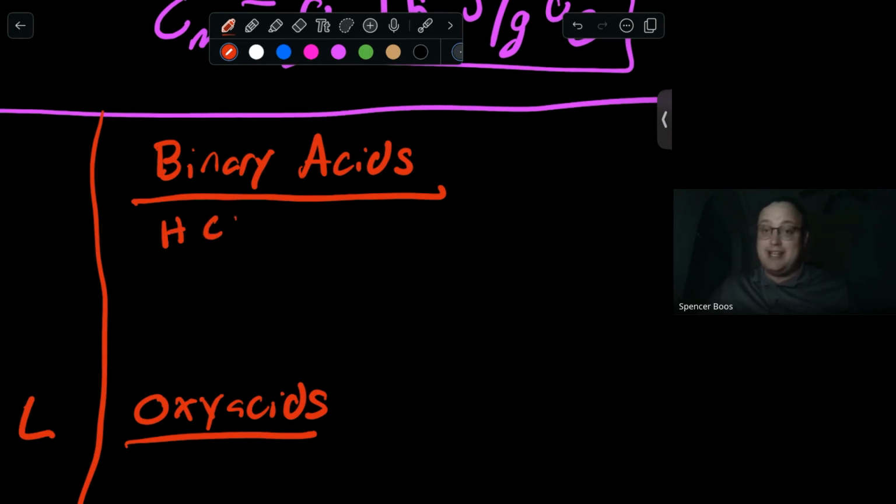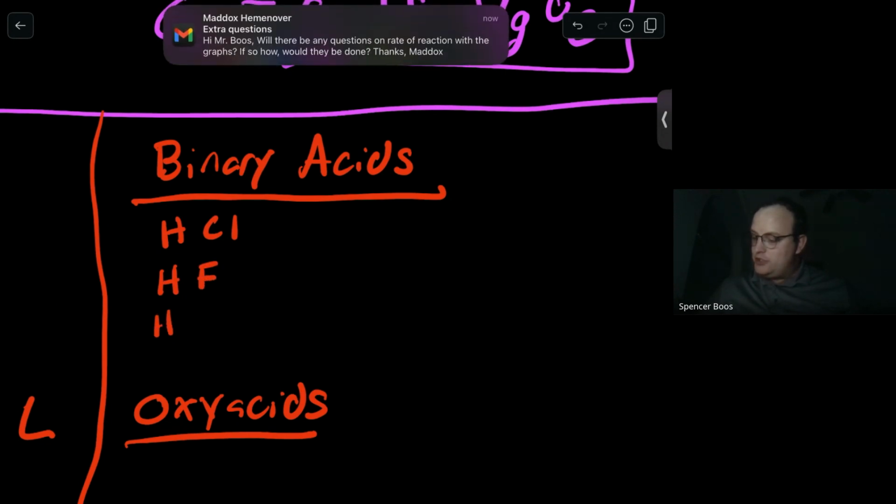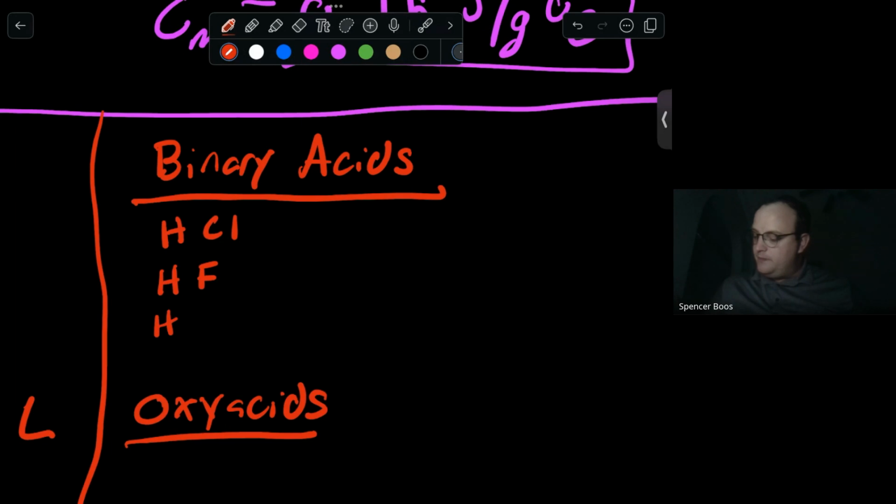So HCl, HF, H2S, these sorts of deals. Whenever we're working with binary acids, where it's hydrogen and one other thing, we always start with hydro.